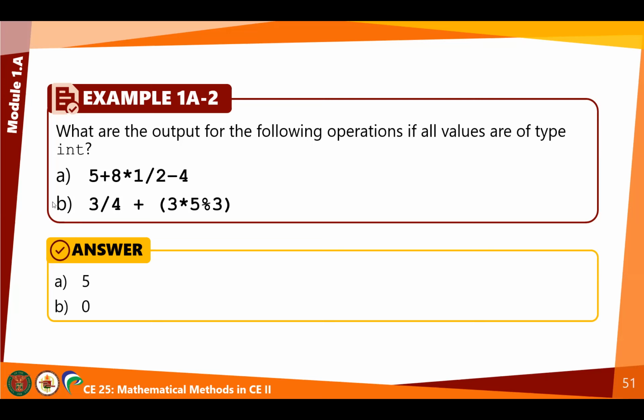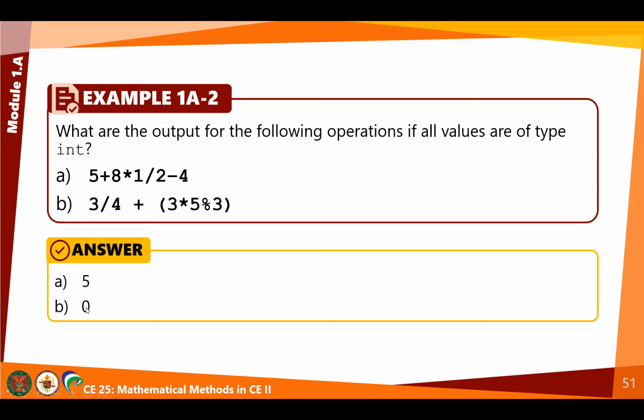Remainder. Oh yes, of course. 3 times 5. Yeah, sorry. 15 modulo 3. So what's the remainder of 15 divided by 3? 0, right? Yes. 0. So 3 divided by 4 plus 0 is what?